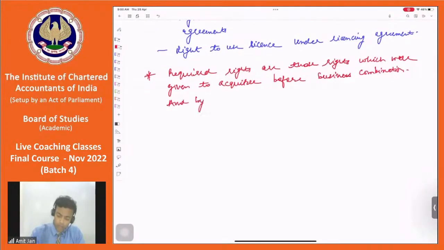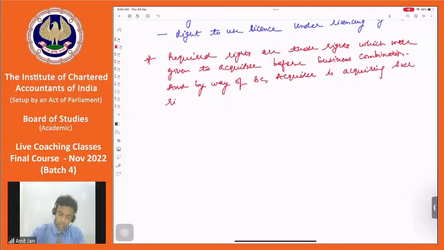And by way of combination, the acquirer is acquiring such rights.